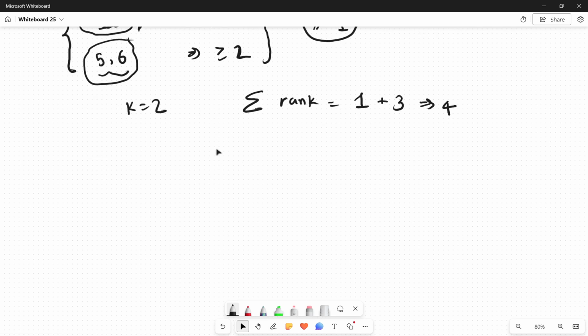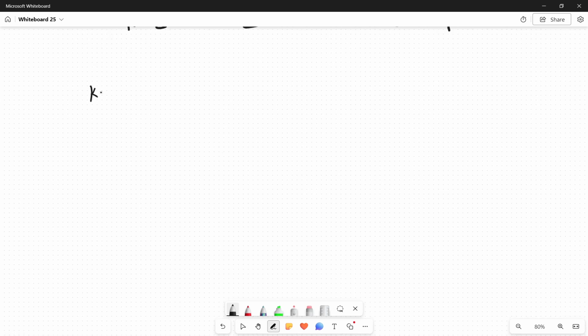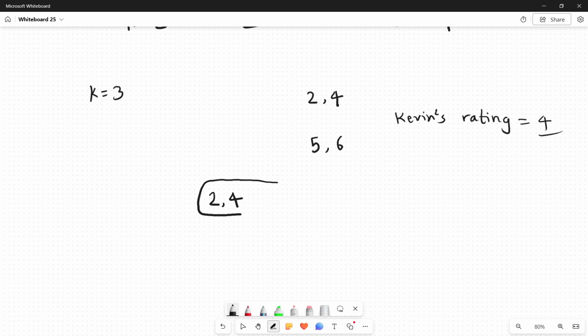So what about k is equal to 3? These are the problems that can be solved by Kevin, and these are the problems that cannot be solved by Kevin, because Kevin's rating is 4. Now we have seen that it is better to group the problems that can be solved by Kevin in one group, and we have to take one more problem from 5 or 6.